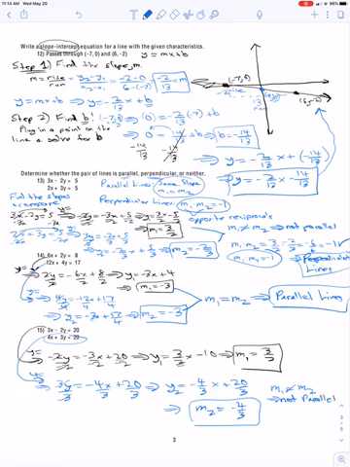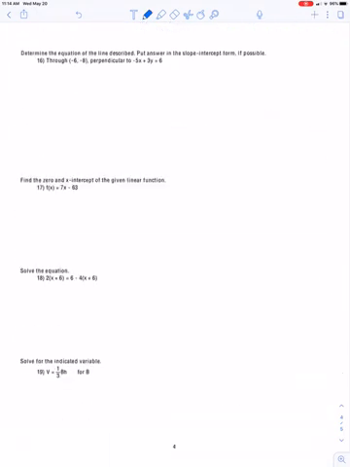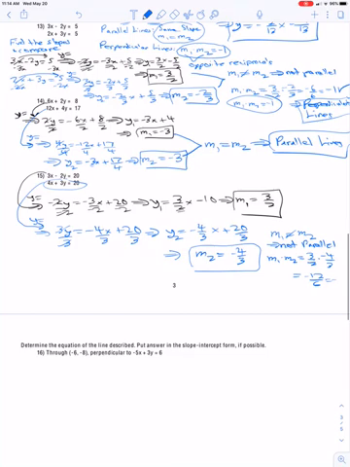We also see that they're not opposite reciprocals, because their product does not give us negative 1. Our product gives us negative 12 over 6, or negative 2. All right, so it's negative 2, which means it's not equal to negative 1. It's not perpendicular either.